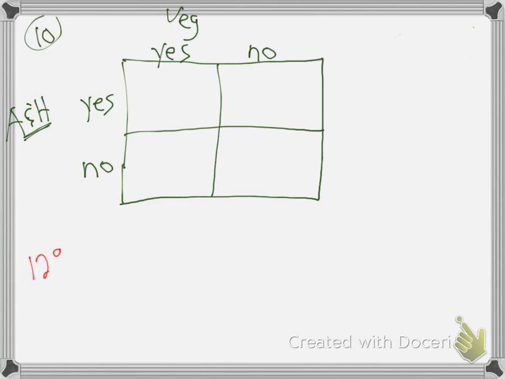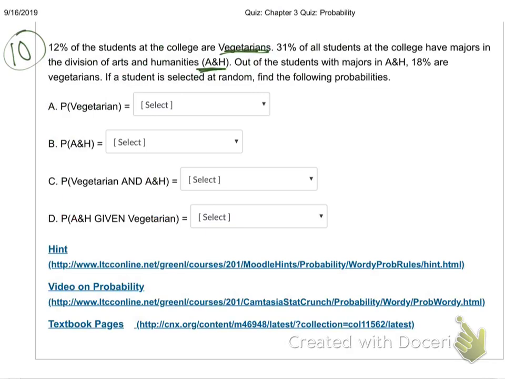So 12% of the students, of all the students, are vegetarians. That'll be right here, 0.12. That's the vegetarian yes people, the total vegetarian yes. Nothing new so far, huh? That's pretty standard.